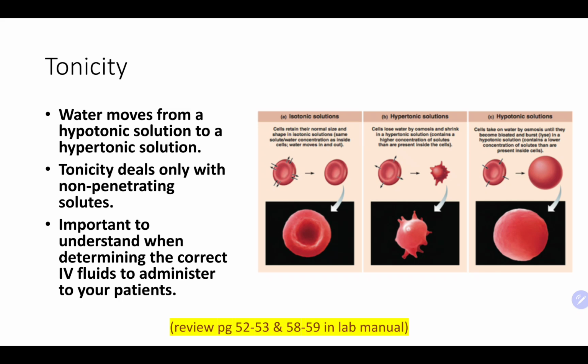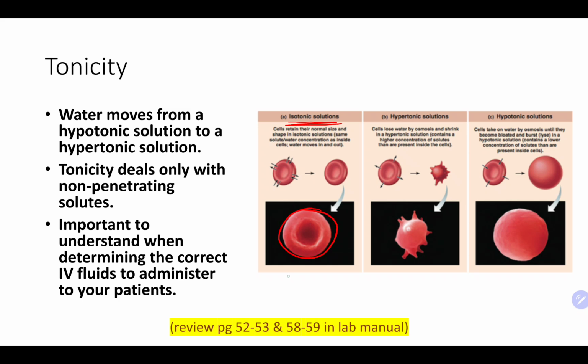So understand that if we place this red blood cell in an isotonic solution, and again, tonicity refers to the change in volume of a cell, what will that cell look like in this specific solution? If I put the cell in an isotonic solution, that cell remains the same shape.